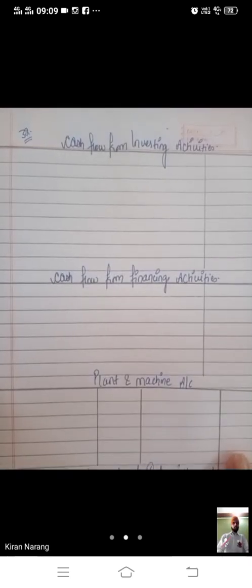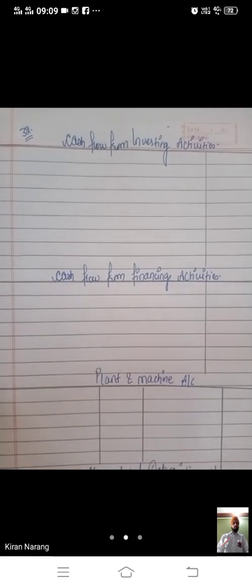Okay, have a look. 2 years data is given to you, 2018 and 17. 17 is given at the back and 18 is given in front. So you have to consider from right to left. Plant and machinery is given to you, both the balances and then additional information is given.